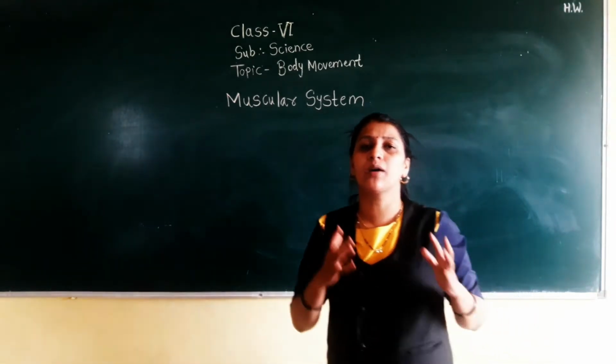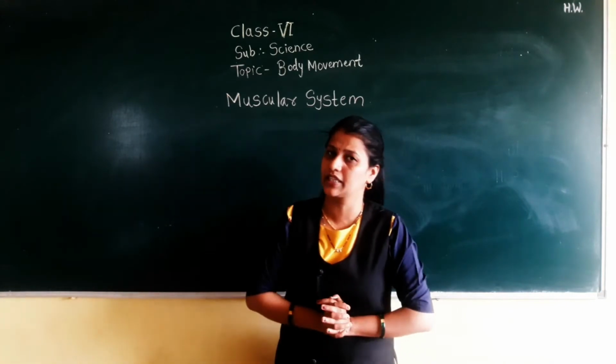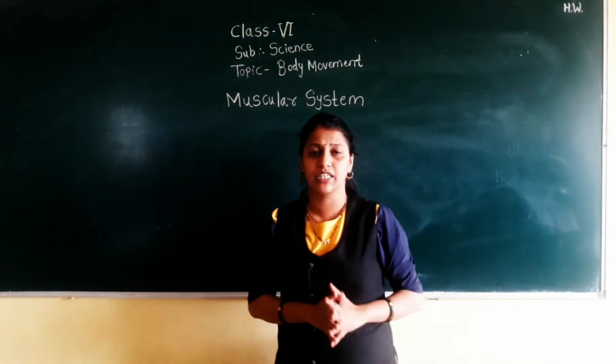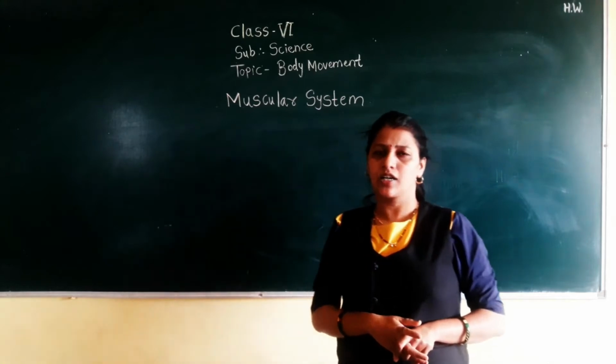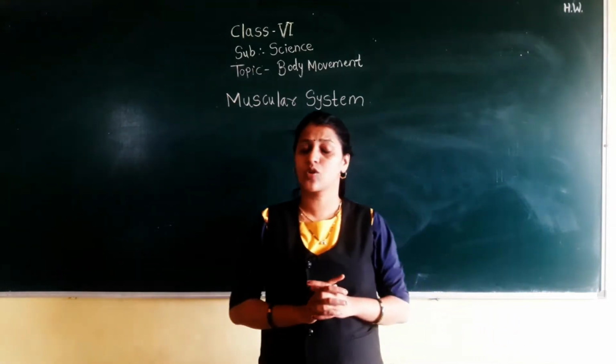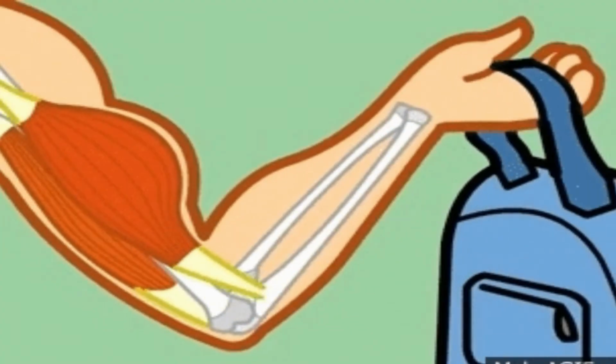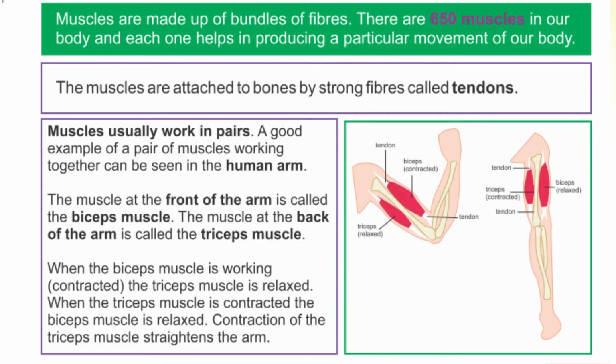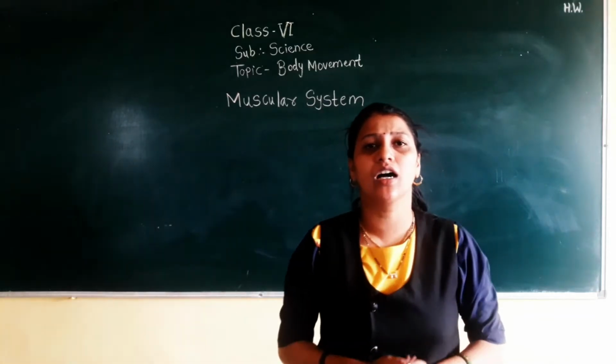In this way the muscles work in a pair. Are you getting this? You can see when the muscles attached to the bones contract and pull, the bones move. So they work in a pair.